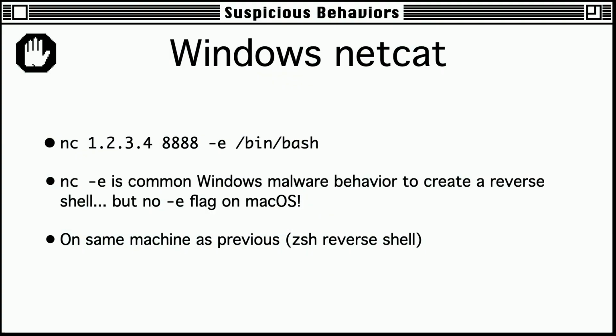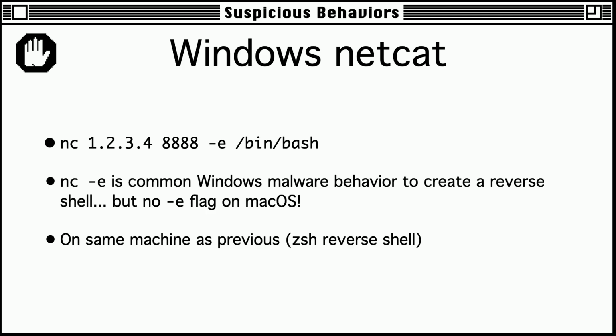Netcat. I'm sure some of you in this room have probably used Netcat before. It's a legit tool. That -e flag, though, doesn't exist on macOS. That's a Windows thing, and this is new information for me. I didn't realize this until I was looking at this particular event.